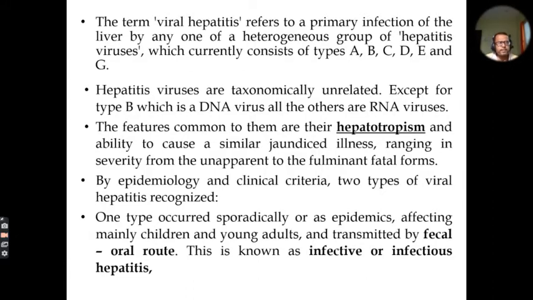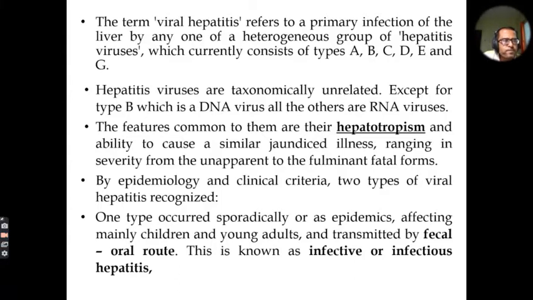And this group of viruses causes illness similar to jaundice. That illness ranges in severity from inapparent to a fatal form. Some of these viruses cause inapparent infections, meaning we are not able to detect which infection is there. It is an asymptomatic type of infection.